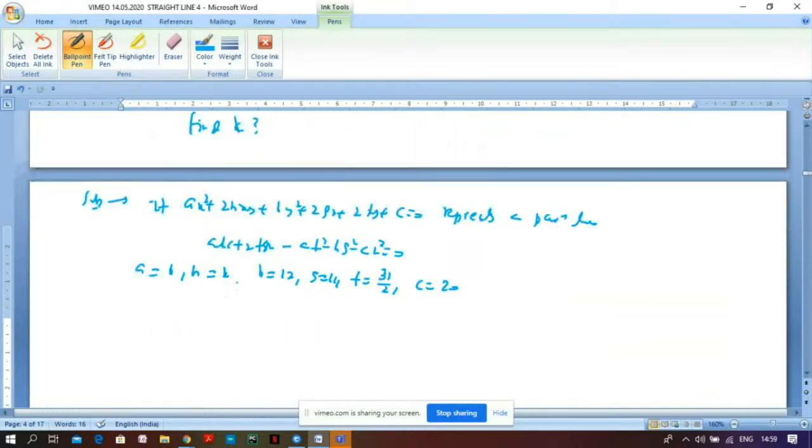If you do this, abc plus 2fgh, if I plug them in, a is 6, so I'll get 6 times 12 times 20, plus 2 times 31 over 2 times k, which is 2fgh, minus 6 times 31 squared by 4, minus 12 times 11 squared, minus 20 times k squared equal to 0.